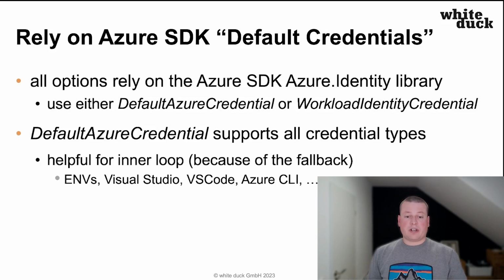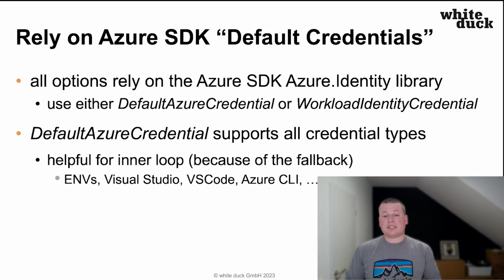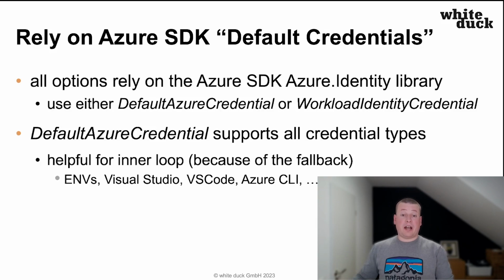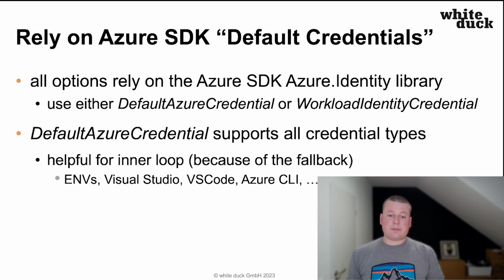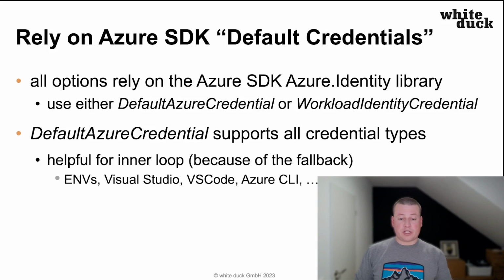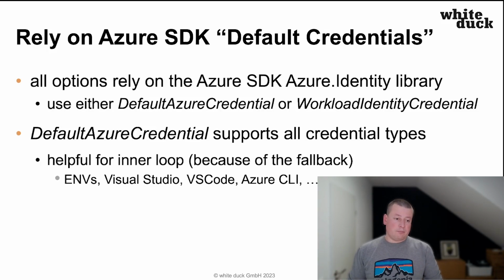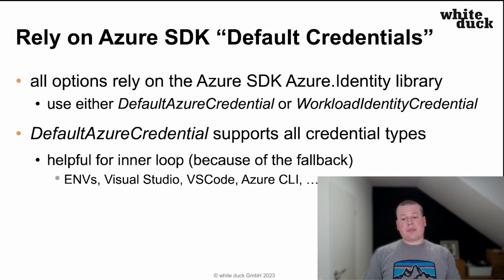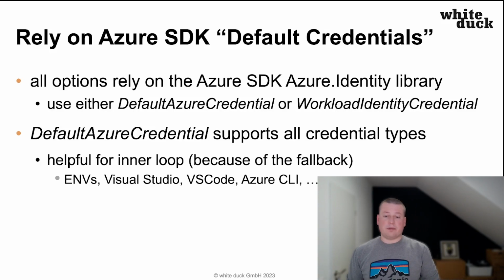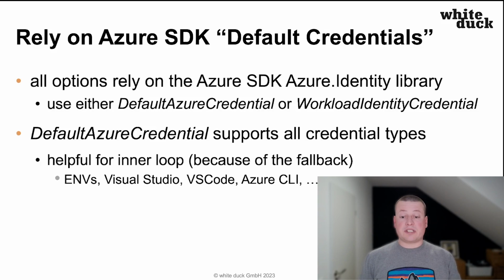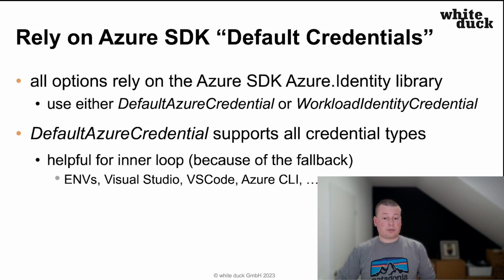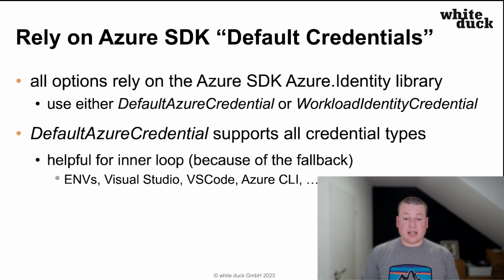I would recommend relying on the default Azure credentials because they support different kinds of credentials, which helps you in the inner loop when you're developing on your local machine and do not have workload identity available because you're not running on Azure. Then you have a fallback to environment variables, Visual Studio secrets, Visual Studio Code secrets, or Azure CLI secrets, which is pretty neat. So just rely on the Azure SDK using the default Azure credentials and you're just fine.